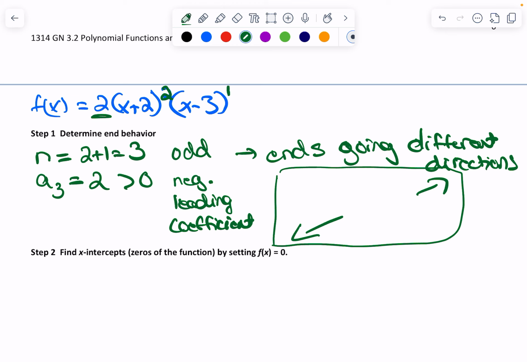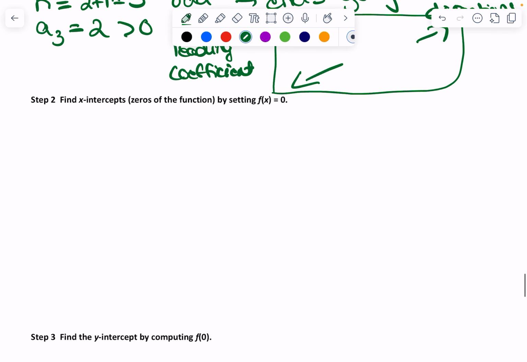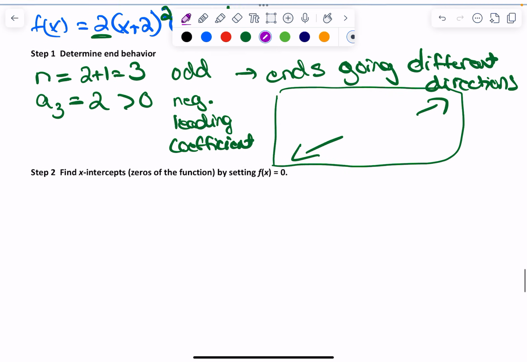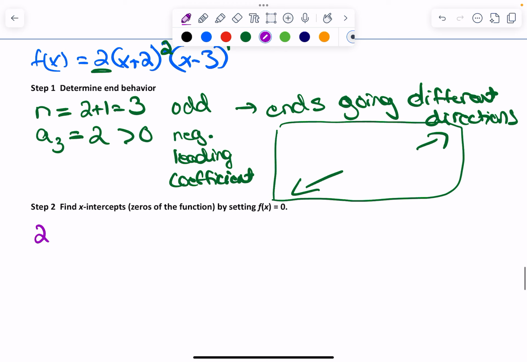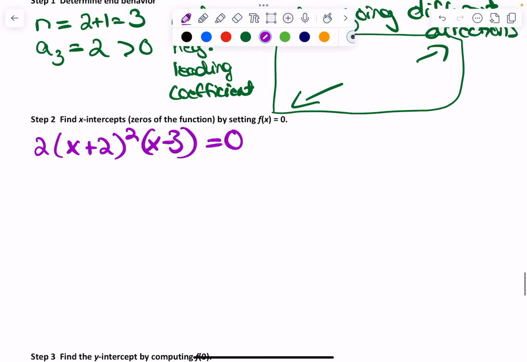Now we're going to figure out what happens in the middle, in between those ends. Step number 2 is finding the x-intercepts, the zeros of the function, by setting f of x equals 0. So 2 times (x plus 2) squared times (x minus 3) equals 0. Again, we don't need to worry about the 2 because that divides itself out.